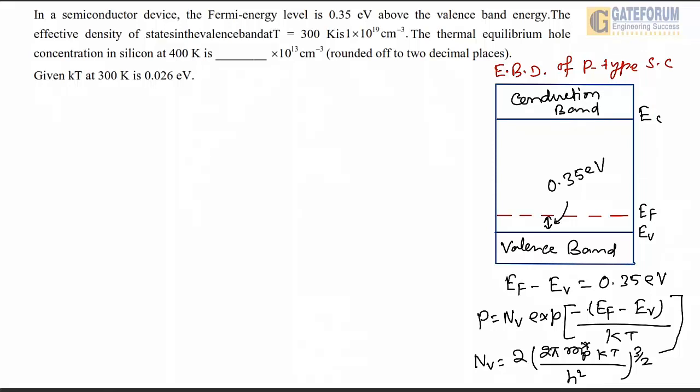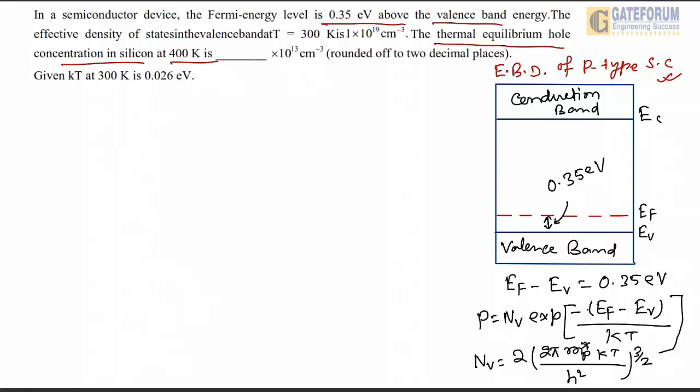So in this question, what have they asked us to find out? They have asked to find out the concentration of holes. Here it is given the thermal equilibrium hole concentration in silicon at 400 degree Kelvin. This is the energy band diagram for a p type semiconductor. Here the Fermi energy level is given 0.35 electron volt above the valence band.